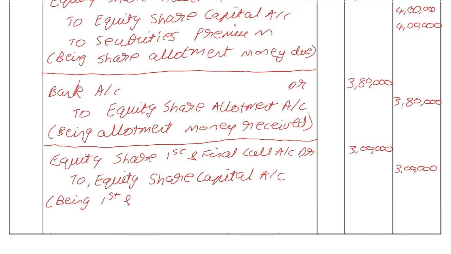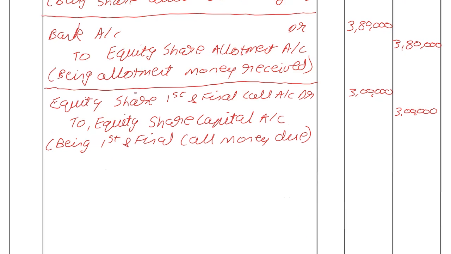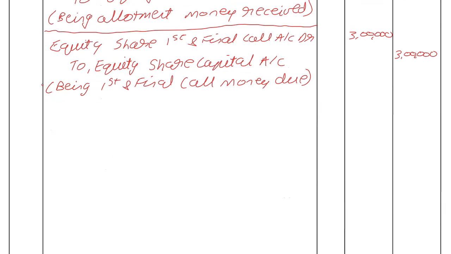Being first and final call money due. Right? And now I'm going to have to extend this journal a little going forward. We have to receive the final call money. Okay, so we debit what comes in.